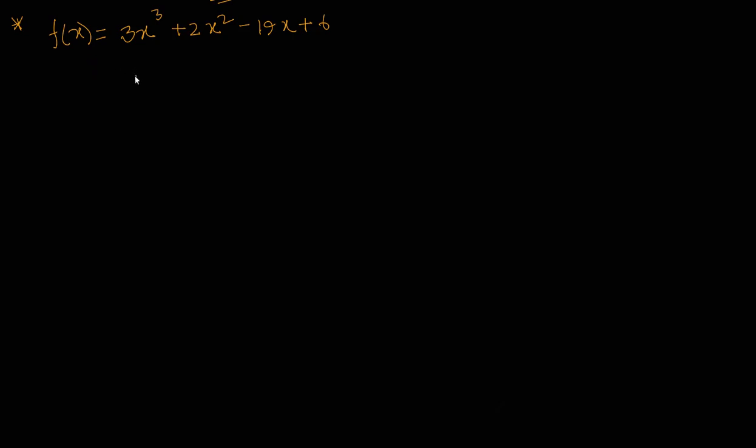What is given is x equal to 2 is a real zero of this polynomial function f(x), or x equal to 2 is the x-intercept.